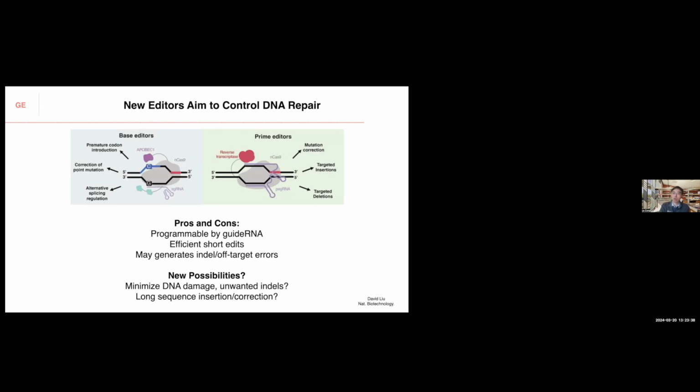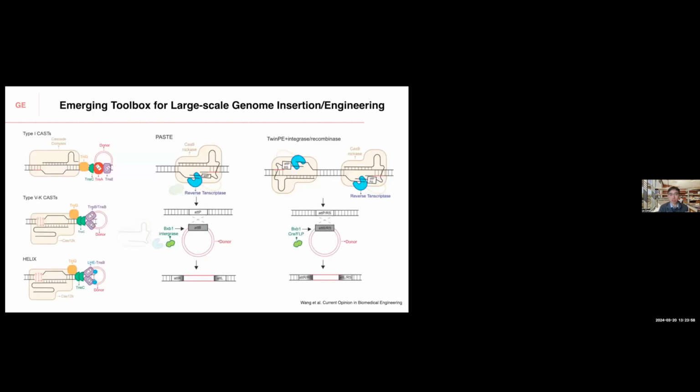And then, for example, reverse transcriptase and integrases. The limitation here is that a lot of times they're great at making short edits, but still a little bit challenging for making, for example, kilobases of edits that are really needed for therapeutic payload insertion.